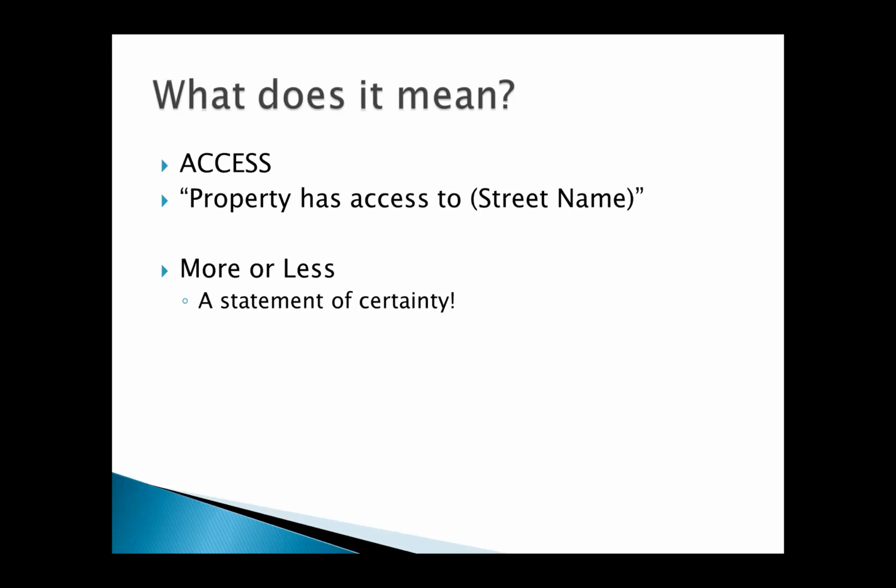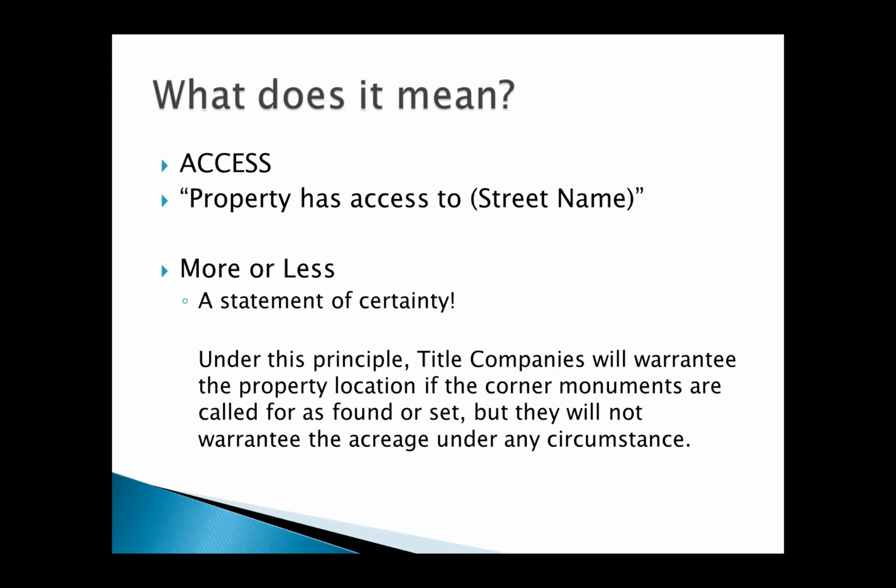The philosophy is, I'll get to that next part in just a second. The philosophy is that if a boundary line is marked by physical objects, those objects are the boundary line.